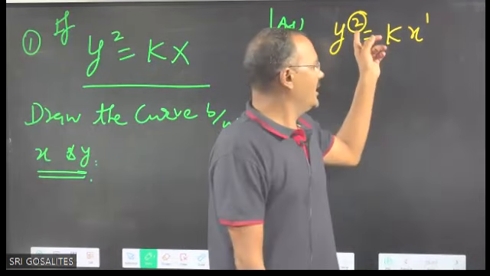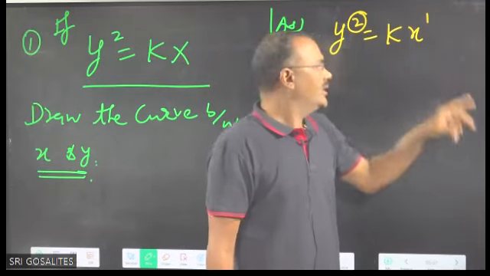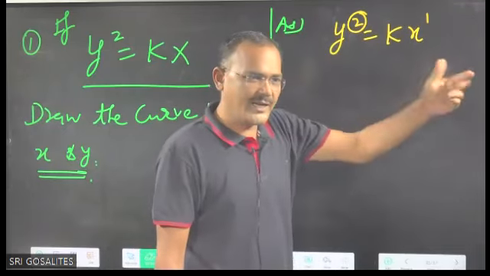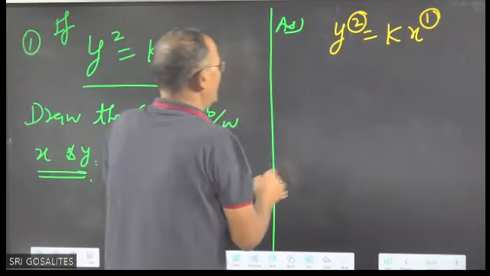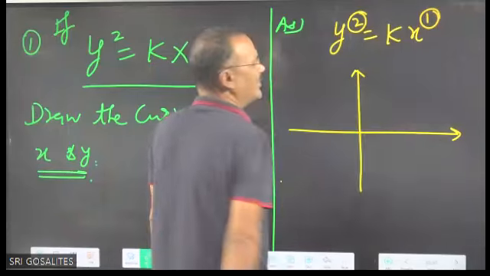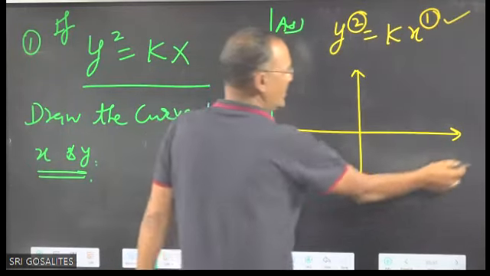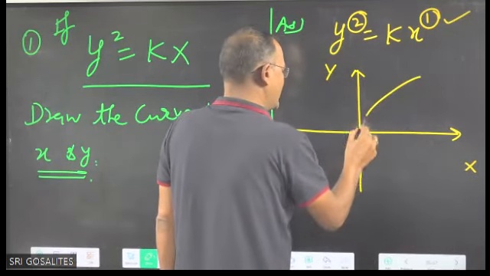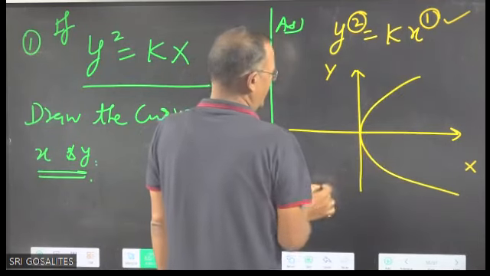So y का power क्या है? 2, y का ऑर्डर क्या है 2, x का पावर क्या है 1, x का ऑर्डर क्या है 1। अब जरा देखिए, remember parabola is always symmetric to the variable which is having the power 1. This is x, this is y. ये जो शेप होती है इस टाइप की, this is called parabola.